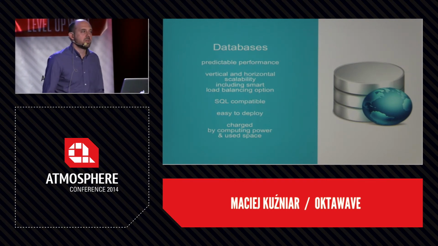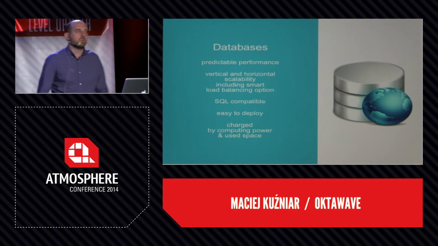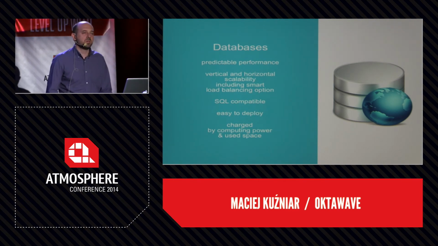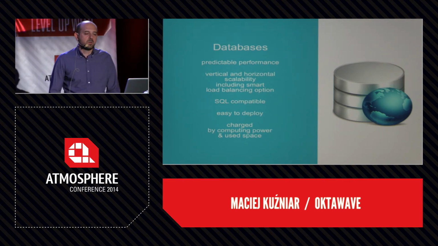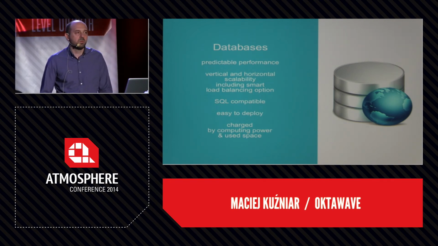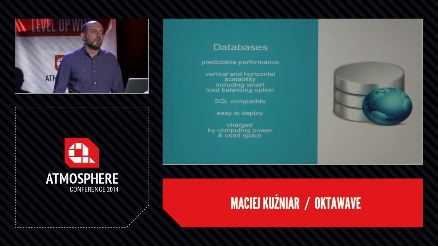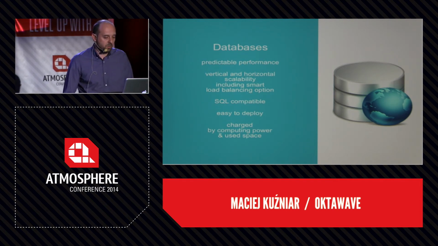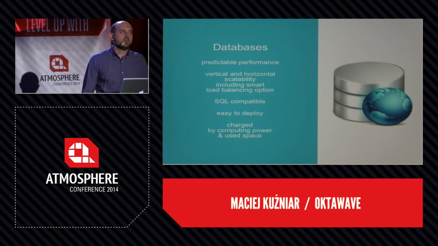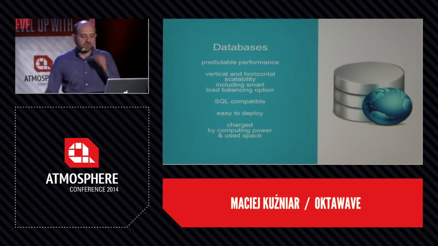So you can start with the lowest tier, which is around 1,000 IOPS, similar to a server equipped with 4 magnetic SAS disks. And if you are going to scale up your database, you may end up with tier 5, which is able to generate 200,000 IOPS for every logical volume. So it's easy to deploy, and it's charged by computing power and the used space.